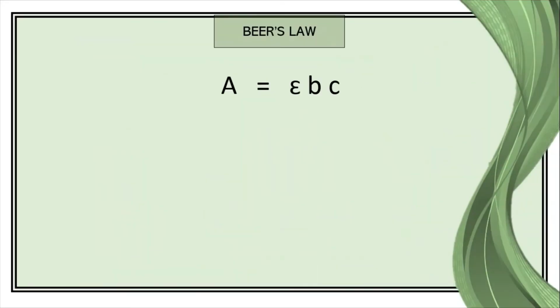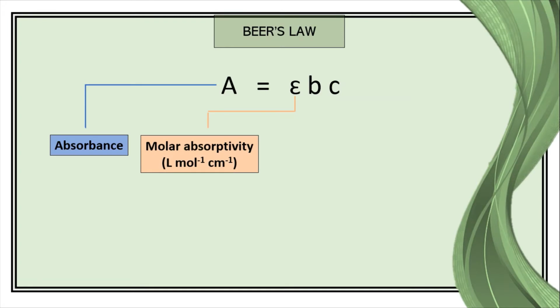Now, let's explain the relationship between absorbance and Beer's law. Here, A is for absorbance. Epsilon represents the molar absorptivity, a measure of how well a chemical species absorbs a given wavelength of light.